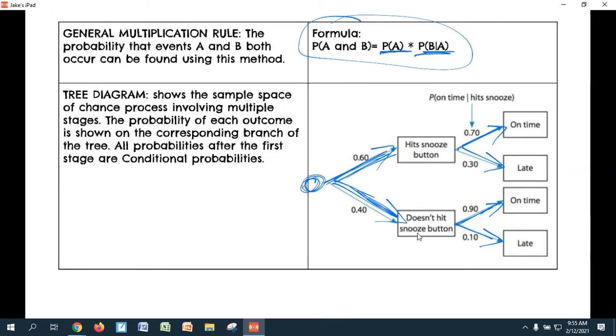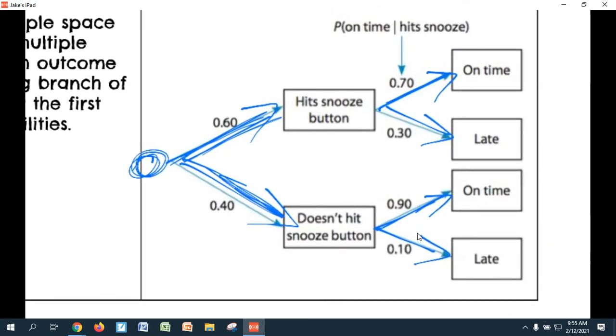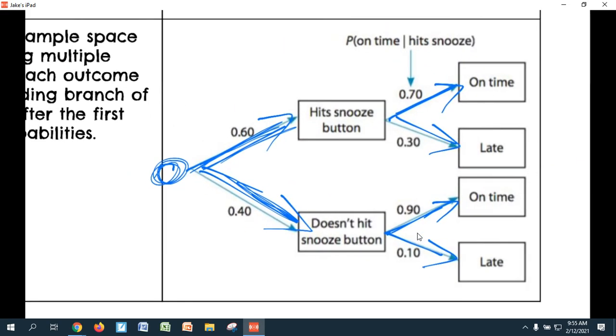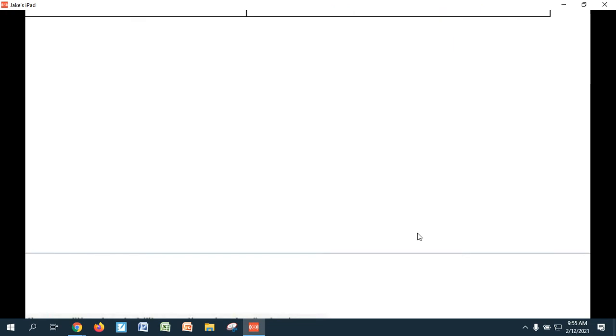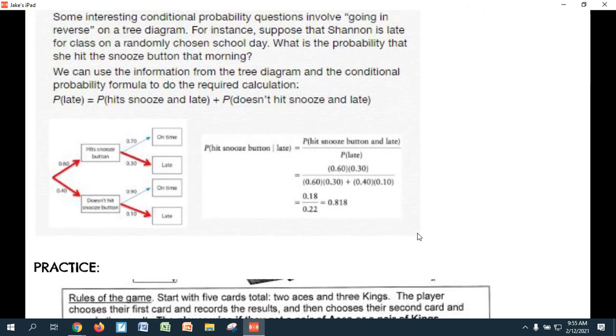So to see what the general multiplication rule is saying, for this example, if we wanted to figure out the probability that you hit your snooze button and you are on time, all you got to do is take 0.6 times 0.7. That would give you the probability that you hit the snooze button and you're on time.